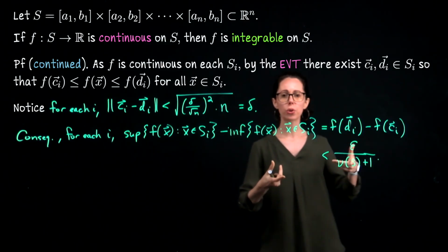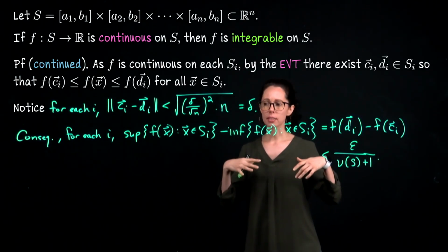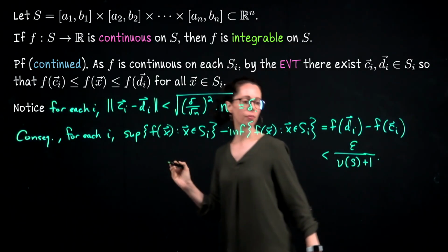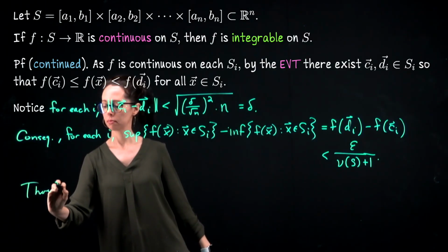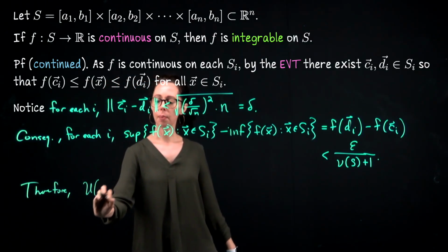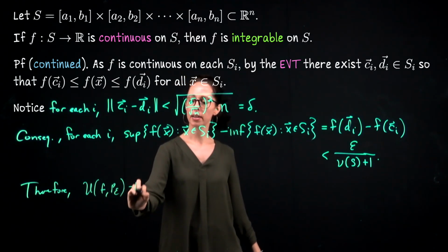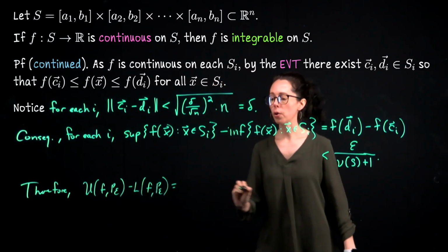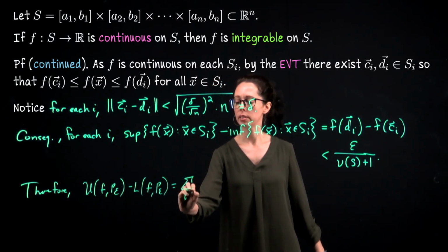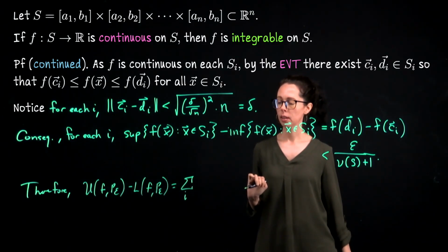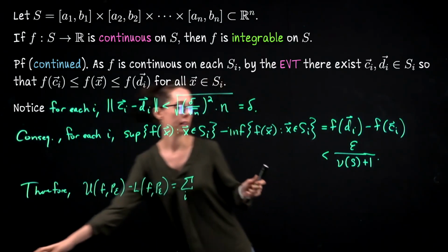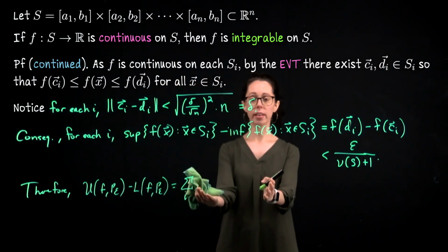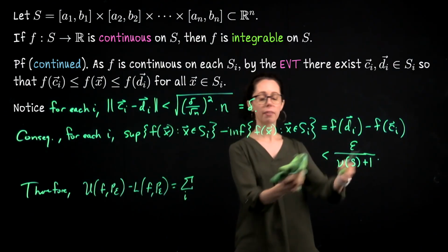I'm going to jump straight to the upper and lower sums, which means I'm not going to rewrite this whole big expression. I'm going to expect the reader to follow me now. Therefore, the upper sum of f with respect to this partition minus the lower sum is going to be equal to the sum over the subrectangles, which I'm going to denote as i, this is a finite sum, of, actually, I'm going to jump straight to the knowledge we just made, which is that the sup minus inf computation, that's normally what you would write first here, is bounded above by this number.